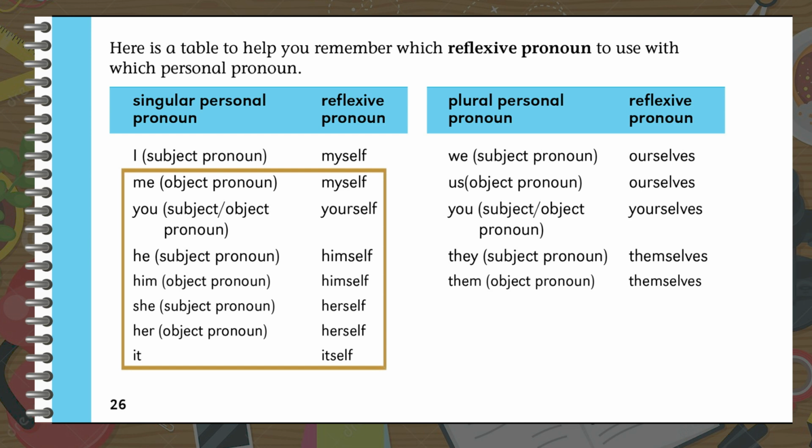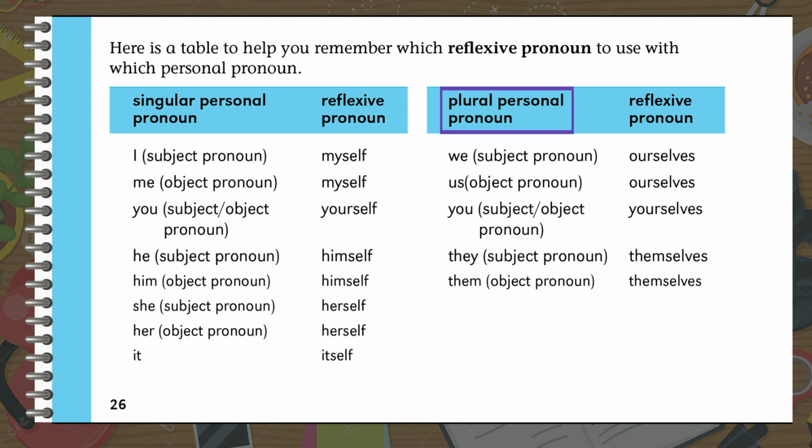You, subject or object pronoun: yourself. He, subject pronoun: himself. Him, object pronoun: himself. She, subject pronoun: herself. Her, object pronoun: herself. It: itself.